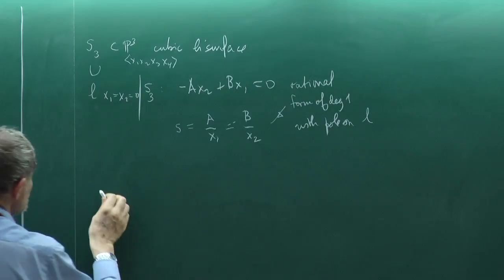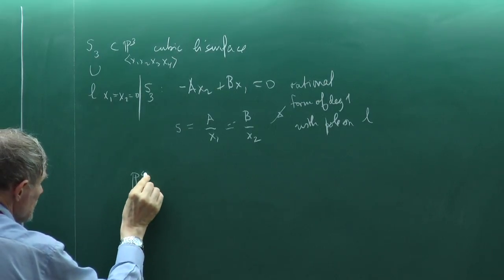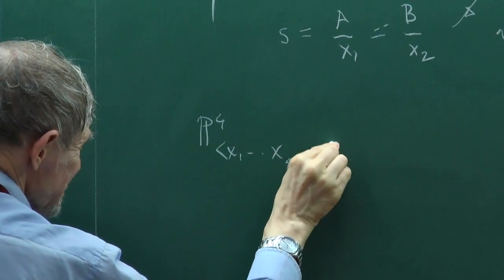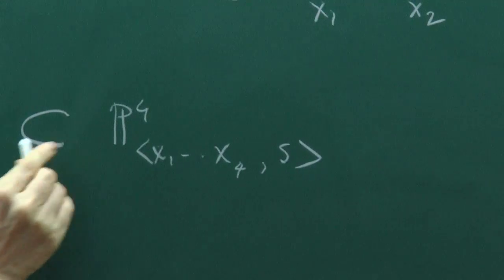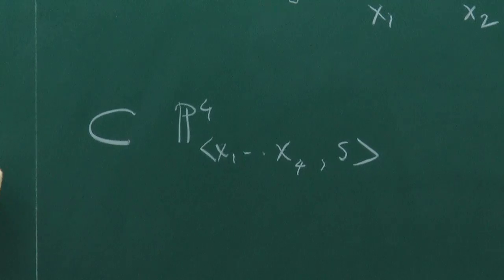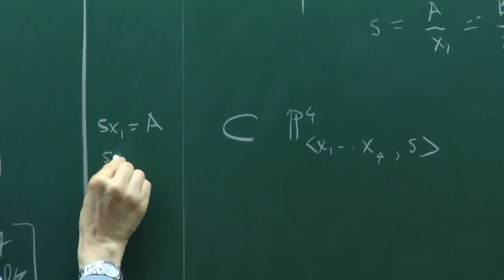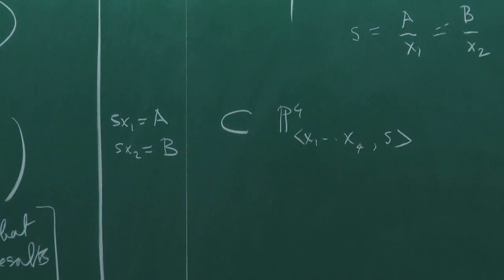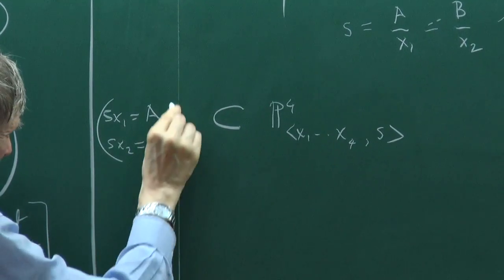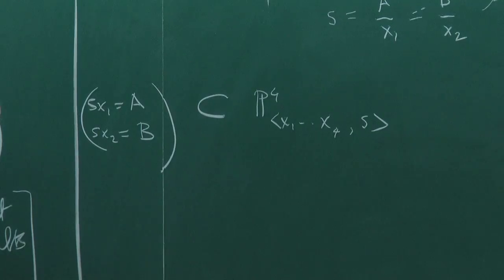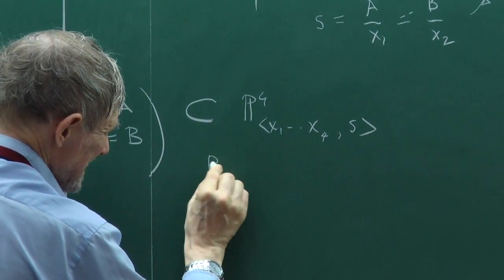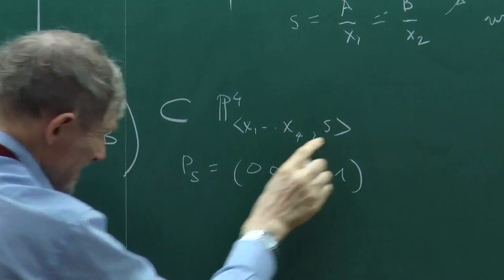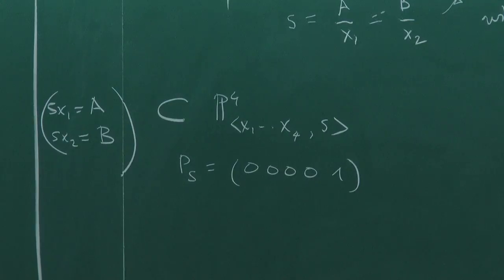If I now move to P4 with coordinates x1 up to x4 and S inside there, I can write down the equations S times x1 equals A, S times x2 equals B. I have a codimension 2 complete intersection here, and a preferred point P_S, which is 0, 0, 0, 0, 1, the point where S is non-zero and everybody else is 0.